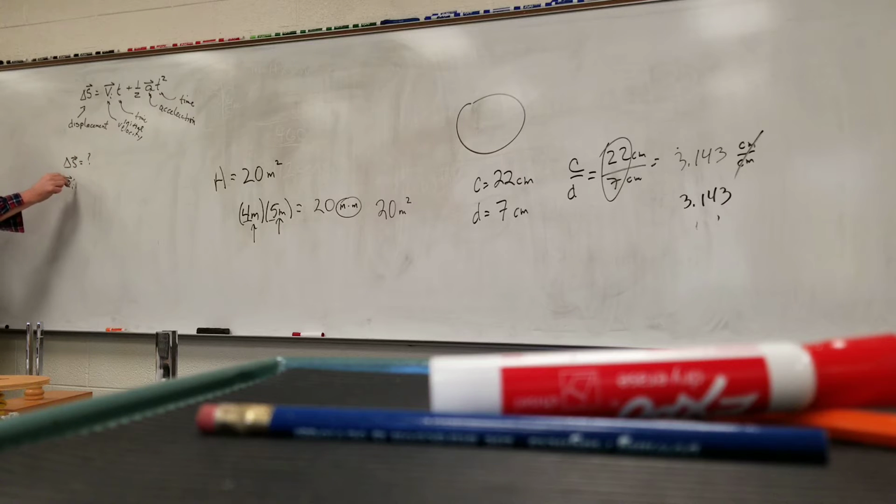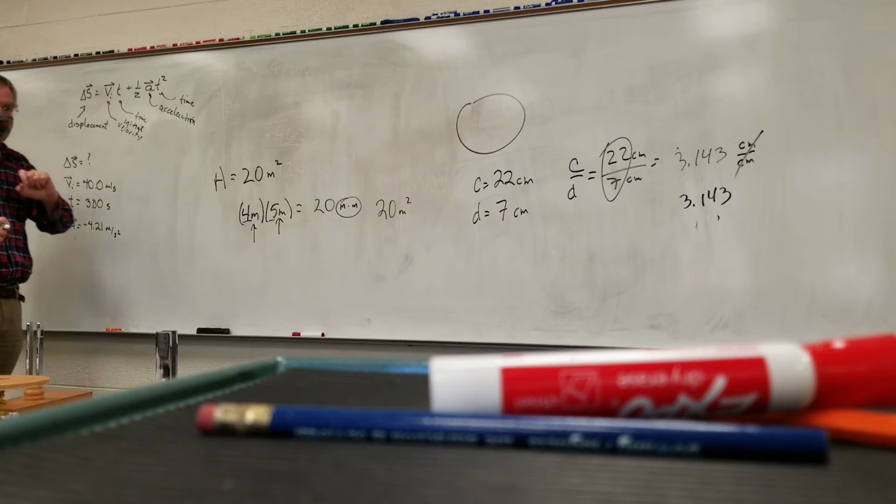My initial velocity is, why don't we say, 40.0 meters per second. Time is 3.00 seconds. Acceleration, negative 4.21 meters per second squared. So basically, taking significant figures into account, what is the displacement?